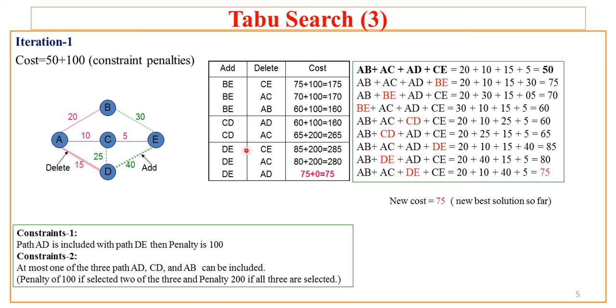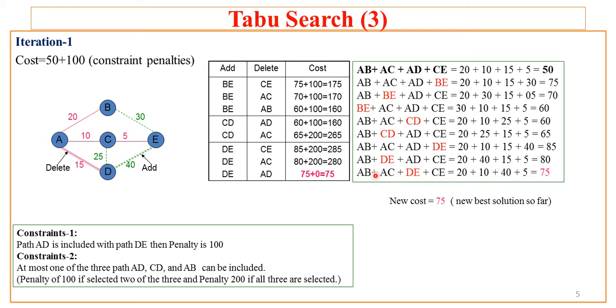Similarly, for inclusion of DE by removing CE, and inclusion of DE after removing AC, and inclusion of DE after removing AD, this will result in the path like AB plus AC plus AD plus DE, which is 85, then AB plus DE plus AD plus CE, which is 80, and AB plus AC plus DE plus CE, which is 75.